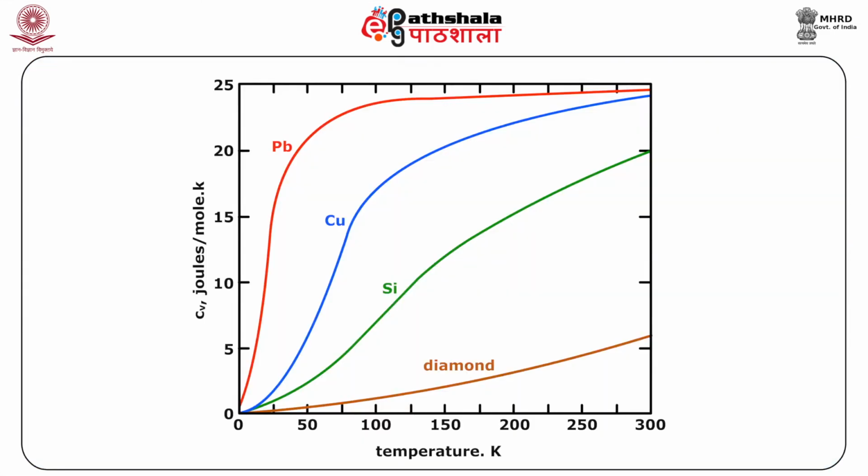As you can see here in these plots, we are plotting molar heat capacity versus temperature, and these plots are for different elements. You can see diamond is there, silicon is there. All these elements show the variation of the molar heat capacity with temperature.